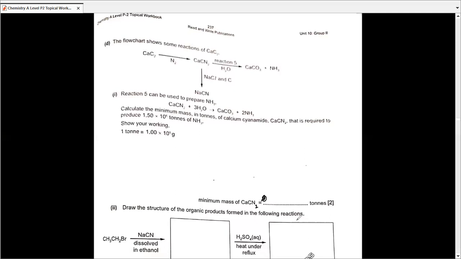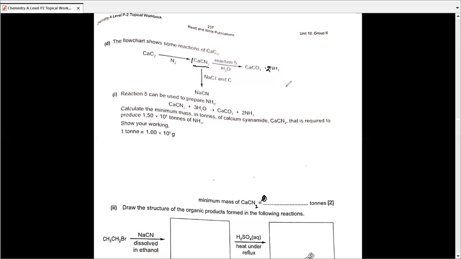It doesn't seem right. I'm missing something. Okay, let's try doing it again. So you're saying with every 1 mole of this, you get 2 moles of this. Yes.